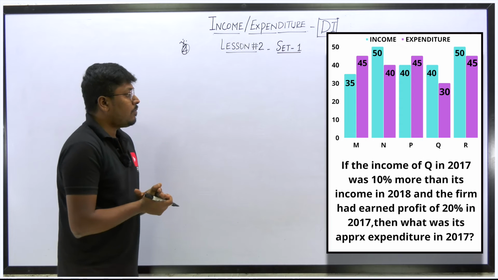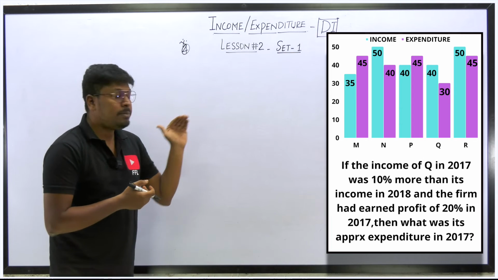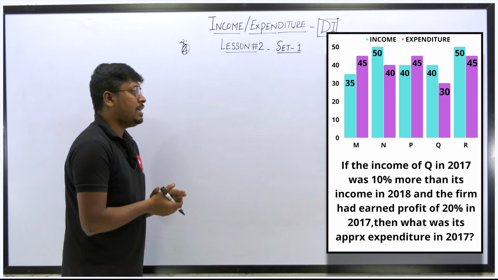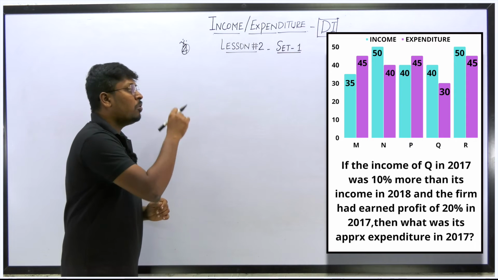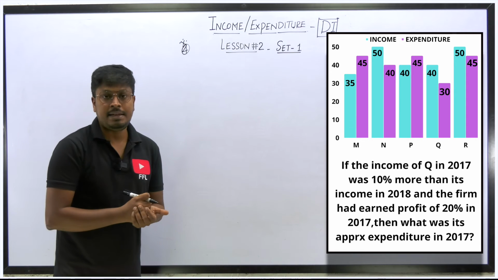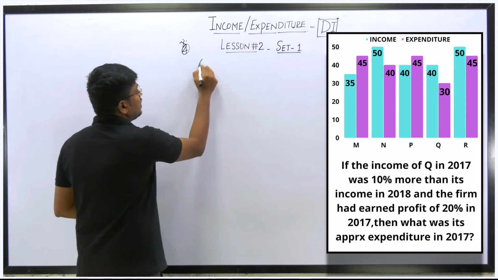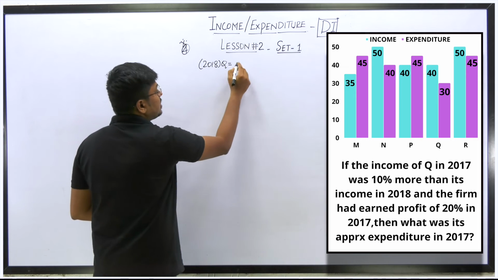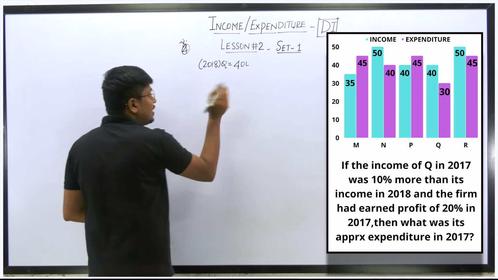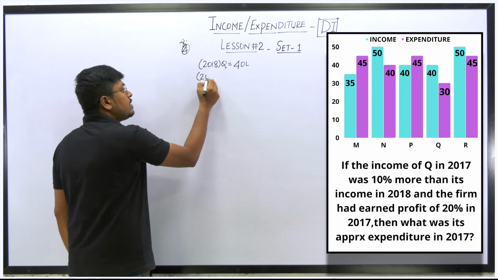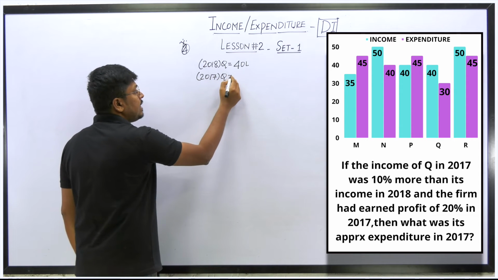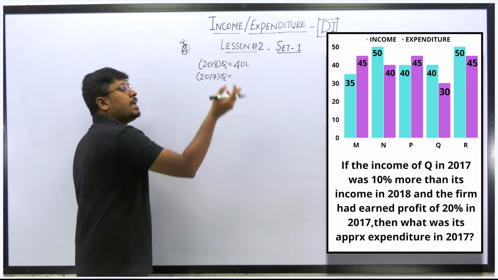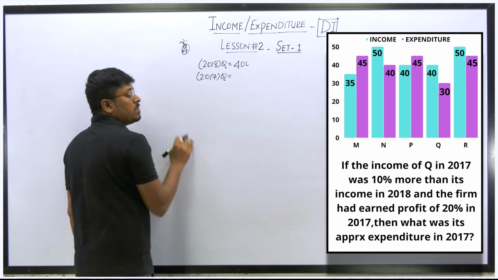And what are the remaining values in the first 3 points they have given? The income of company Q in 2017 was 10% more than the income in 2018. So for company Q in 2018, the income is 40 lakhs. What they are saying is, in the previous year, 2017, company Q's income is 10% more compared to 2018.